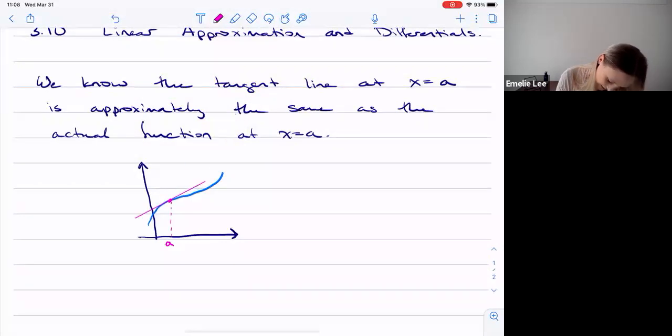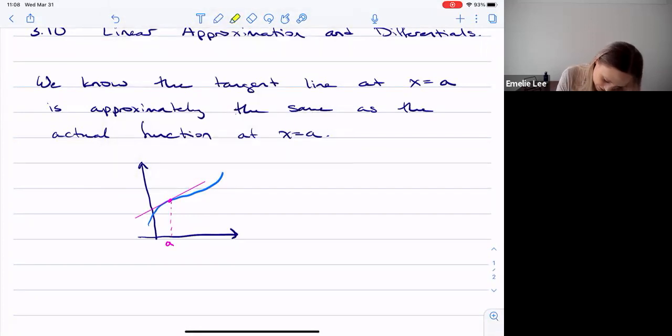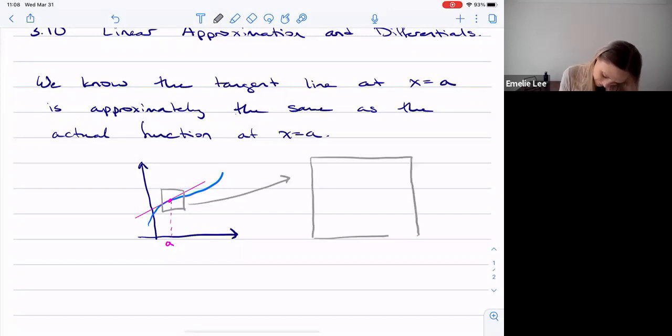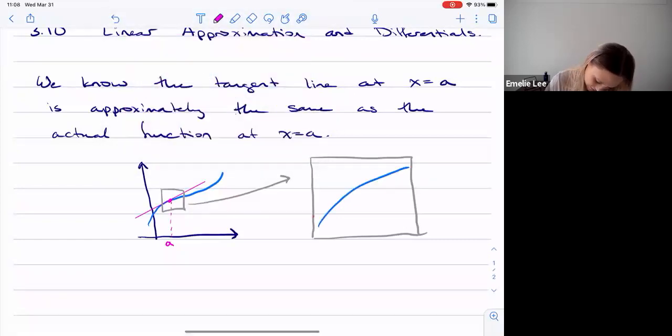If I draw my tangent line here, then I know that around a, some interval around a, very close to a, if I kind of zoom in, and this is where my art skills are probably going to fail me, what we would be looking at might look something like this, right?